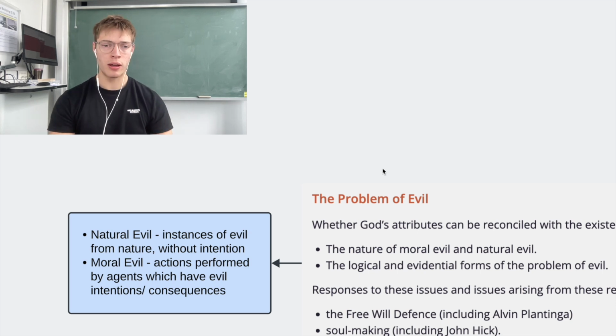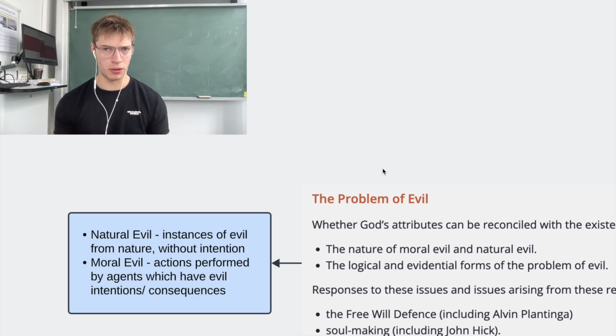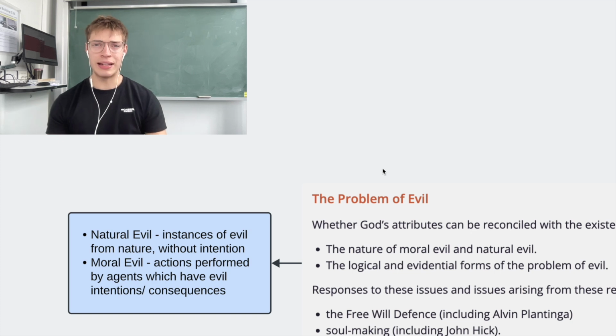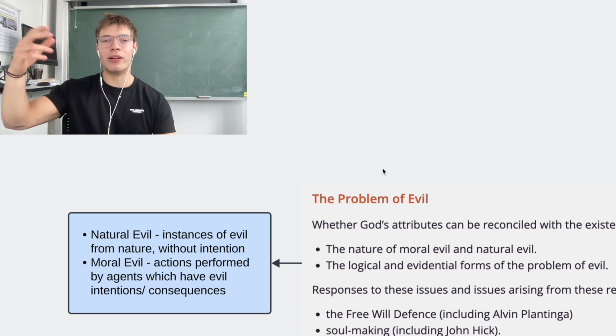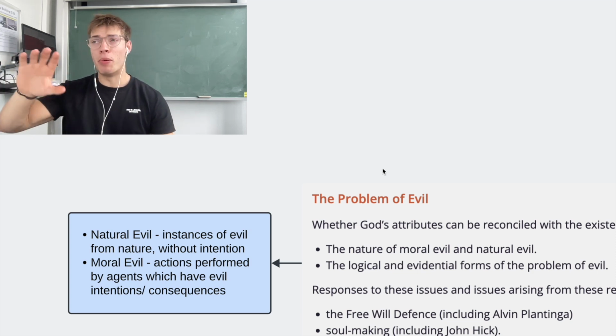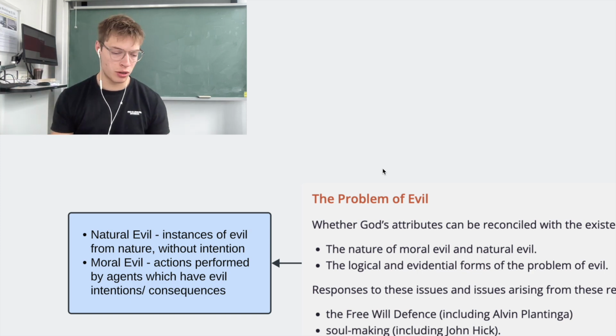Moral evil are actions performed by conscious, rational, free agents, humans. And this can now split into both consequences and intentions. An outcome like a bomb plot, a bomb threat, may have led to evil consequences, but luckily it was found out about and deterred.